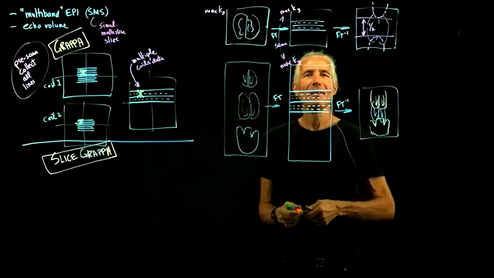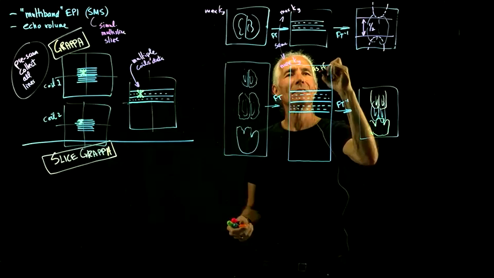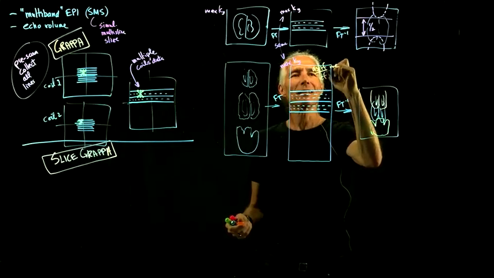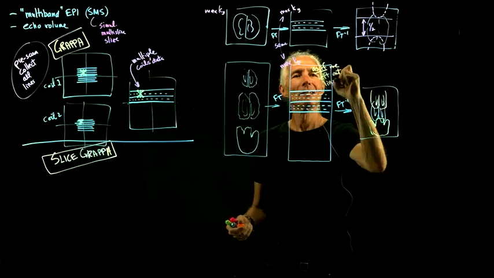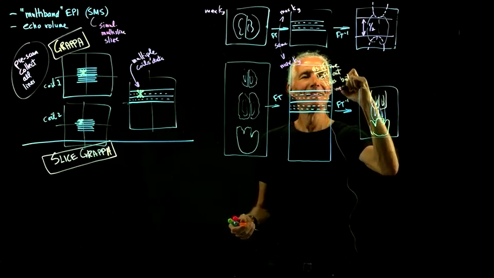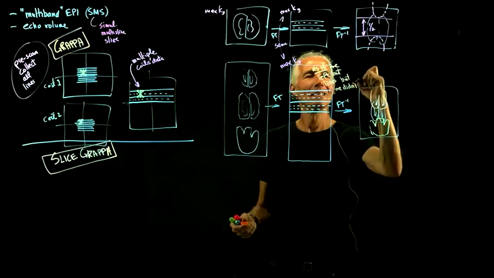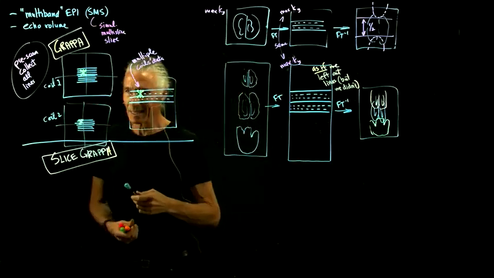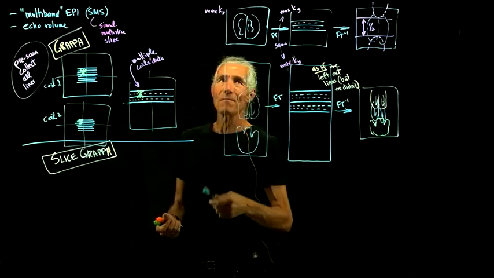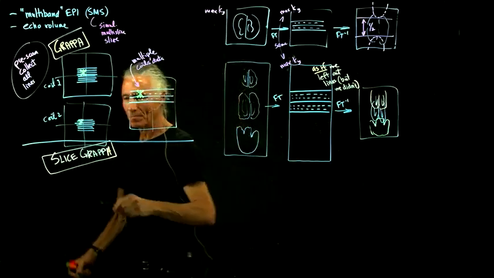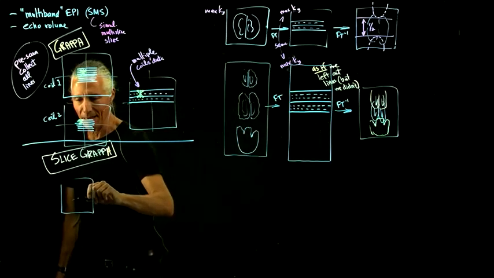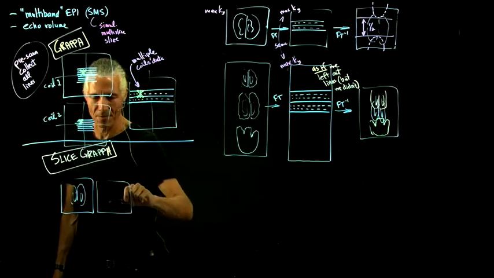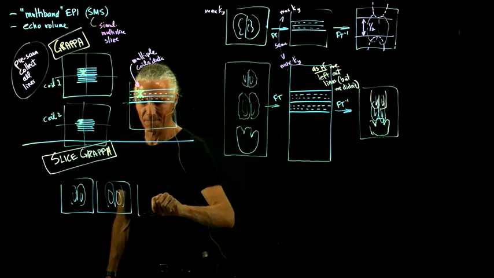So this is as if we left out lines, but we didn't. And so what can we do? We can collect data that doesn't have multiple slices turned on. The idea is to collect data for all the slices in the brain, but don't turn on the multi-slice business.